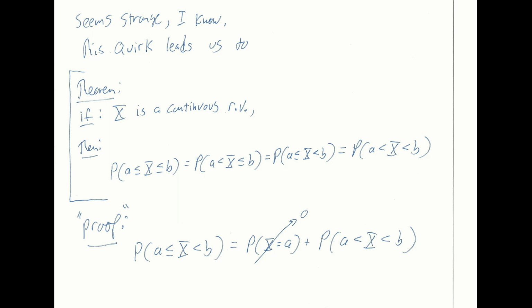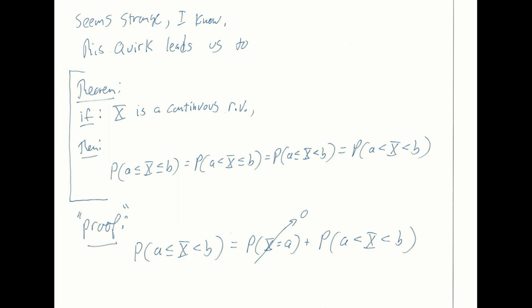This would be a consequence of the probability of a disjoint union being given by the sum of the respective probabilities. I could write the event that a is less than or equal to x is less than b as a disjoint union of the events that x equals a and that a is less than x, which is less than b. And because the probability that x actually equals a is 0, we can see the equality of the 2 probabilities listed on the far right of the statement of the theorem.